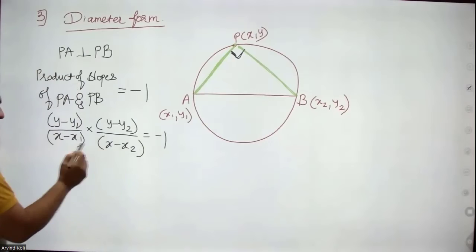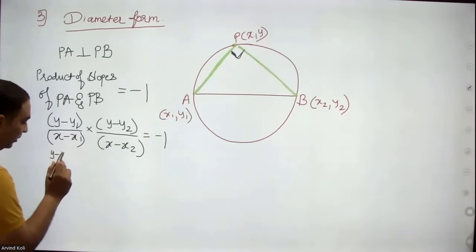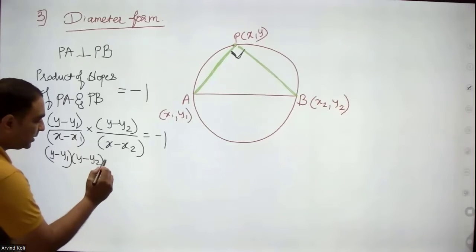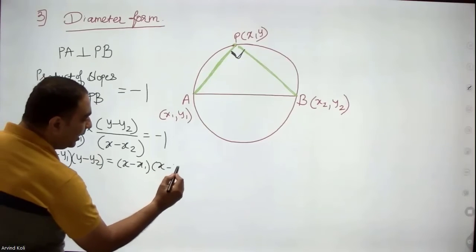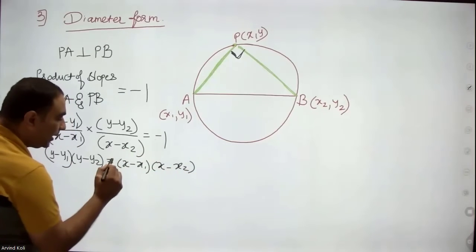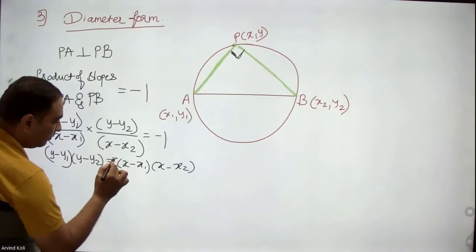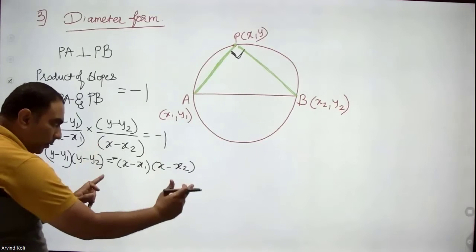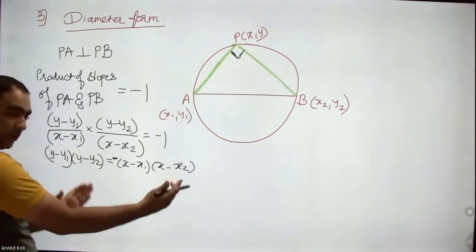अब यहाँ पे डिनोमिनेटर को दोनों राइट में शिफ्ट करते हैं, so we get y minus y1 into y minus y2 is equal to x minus x1 into x minus x2, और -1 से मल्टीप्लाई होता है तो वो माइनस यहाँ पे आ जाएगा. माइनस वाले टर्म को लेफ्ट में शिफ्ट करेंगे तो वो पॉजिटिव हो जाएगा.